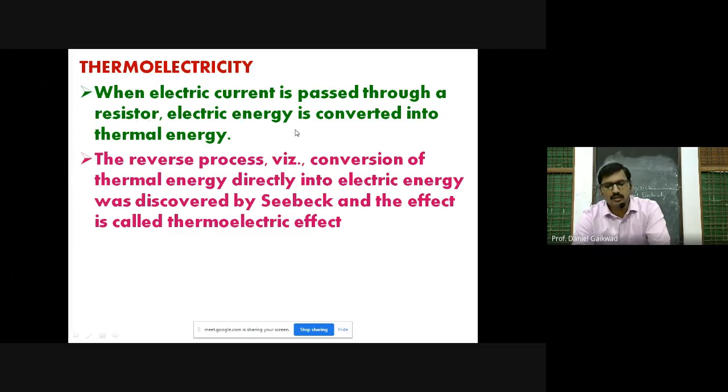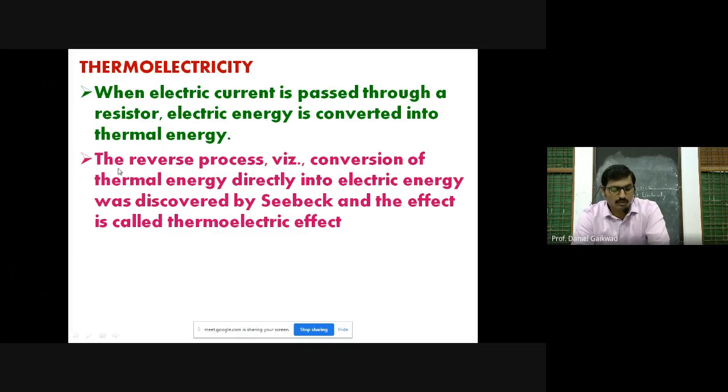When current flows through a resistor, because of that resistance, the charges or electrons lose energy, and that lost energy is converted into thermal energy. So this is the thermoelectric effect, or Joule's effect. Current flows through the resistor, energy is converted into thermal energy.